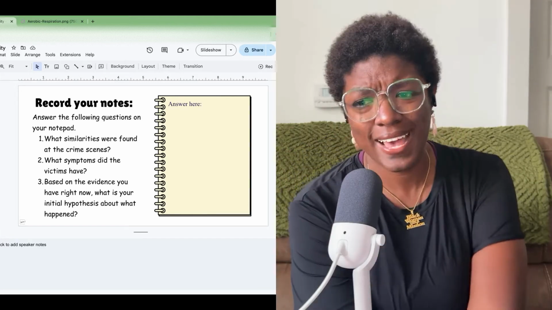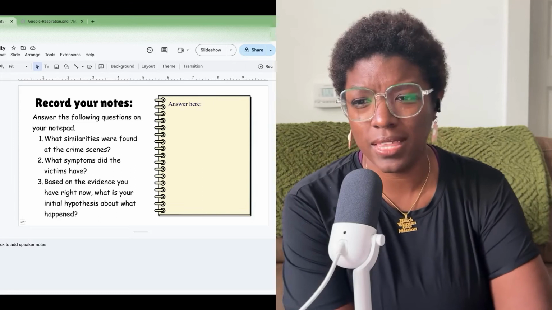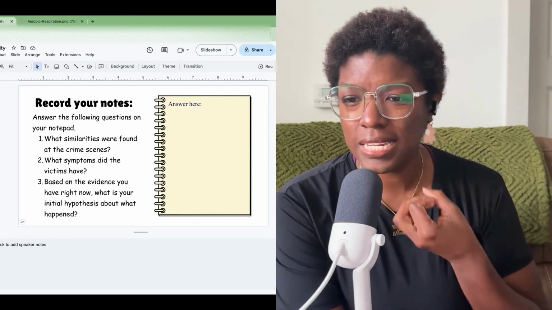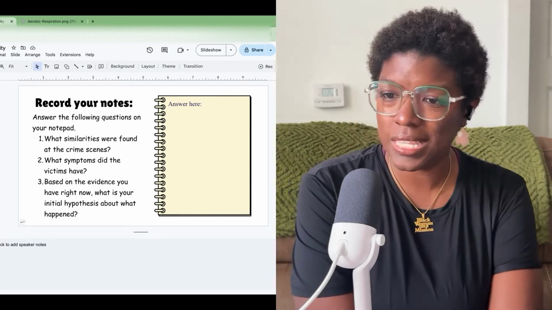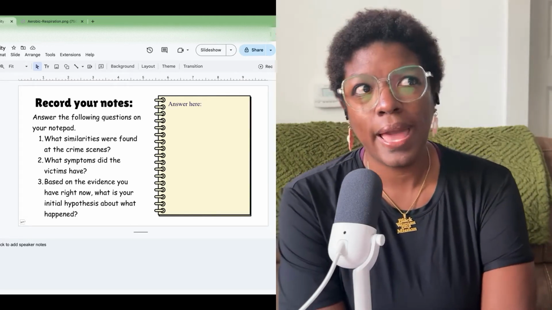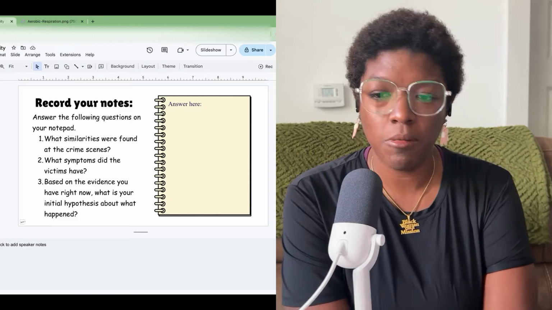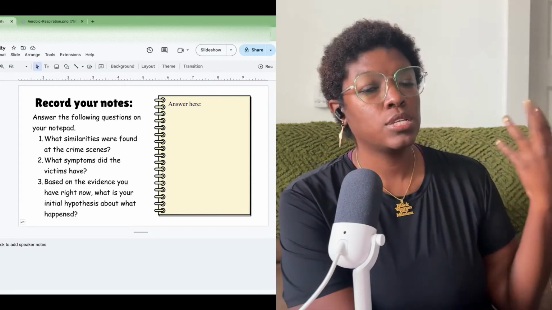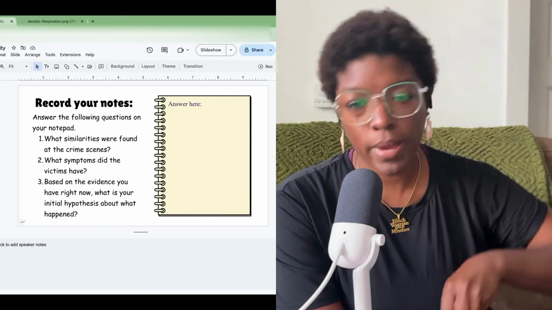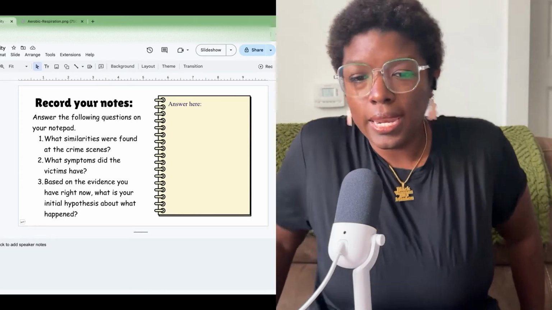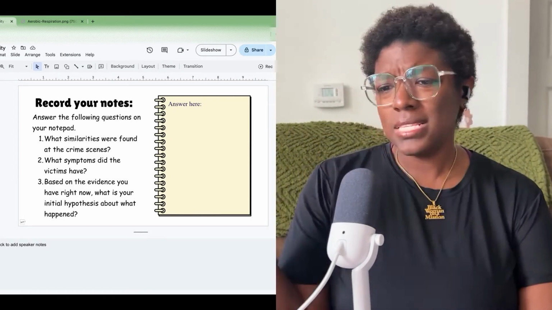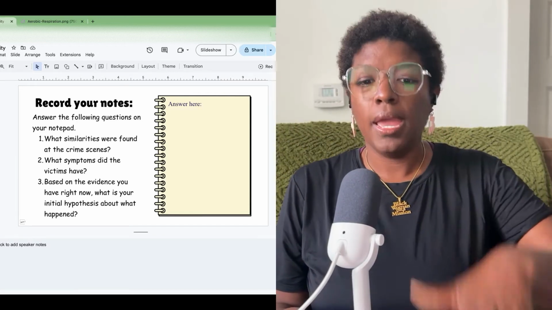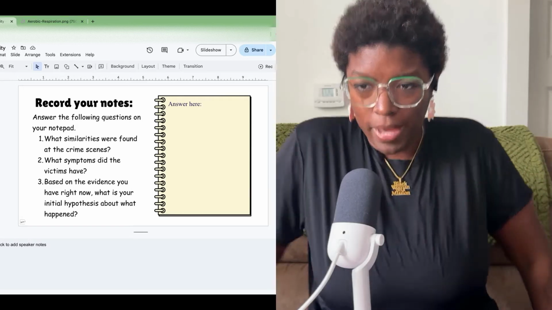So your student is tasked with investigating these 7 deaths and figuring out: are these connected deaths, or is it just a coincidence that all 7 of these people happen to pass away in the same neighborhood within a relatively short period of time? And so they're going to start with just having read the crime scene notes, identifying what, if any, similarities there were, what the symptoms were, and then coming up with this initial hypothesis.